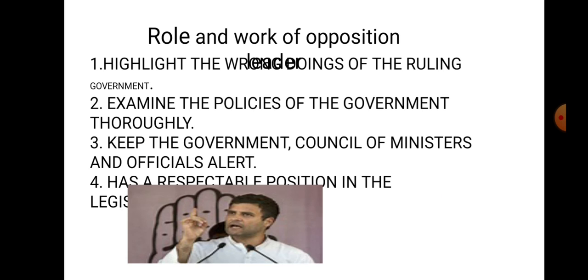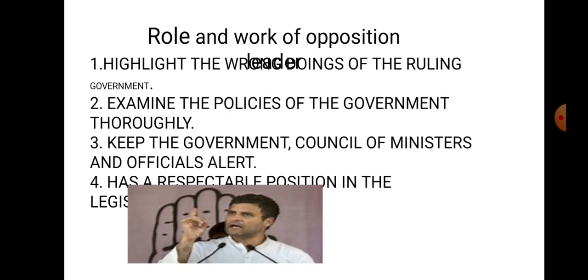Now, what is the role of the opposition party? The party which gets the maximum number of votes in the general election becomes the ruling party, and the second party which has got the maximum votes in the general election will become the opposition party. When the general election takes place, so many parties will contest.